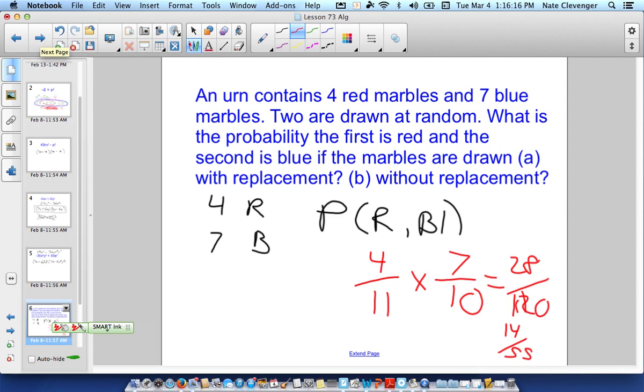So it's basically like what we were doing earlier, except that after that first draw, your probability changes because the total we have is different when we're doing without replacement. So A is what we were doing before, and then B is doing it without replacement.